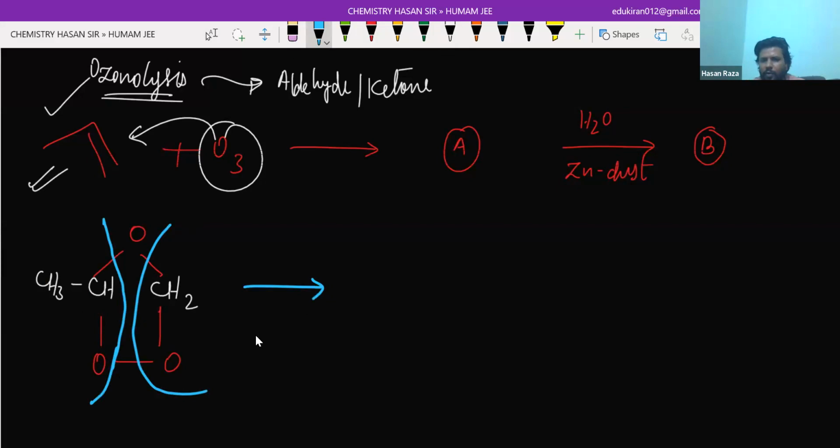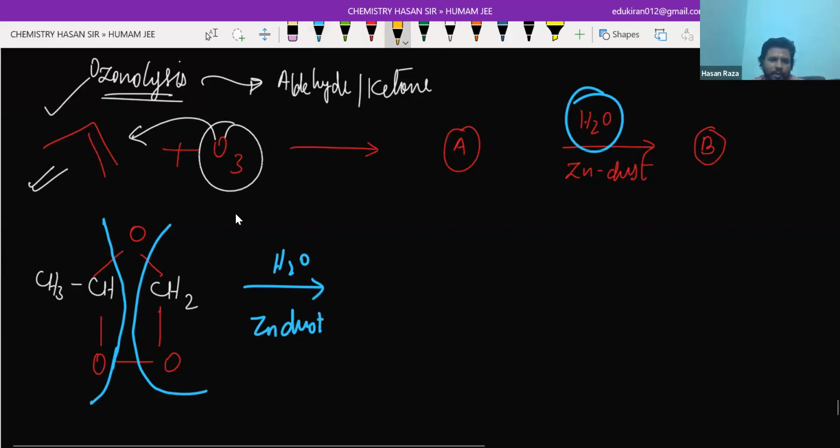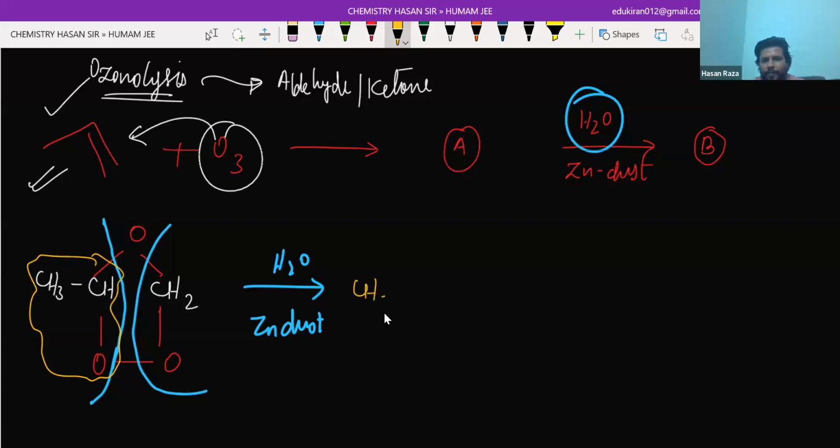And then you react this with H2O and Zn dust. Very simple. The left part you can see is your CH3CHO. Hydrogen can make only a single bond, and with oxygen you can see only one bond is there, but to satisfy it, carbon should make a double bond.